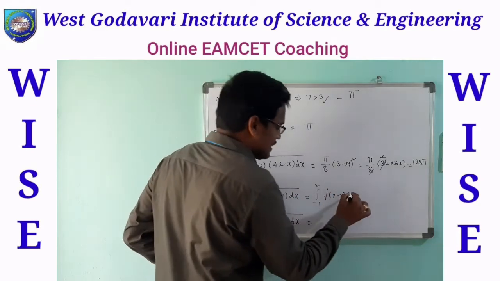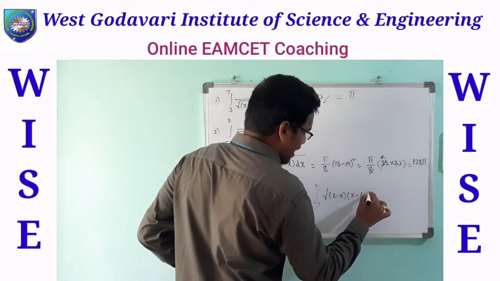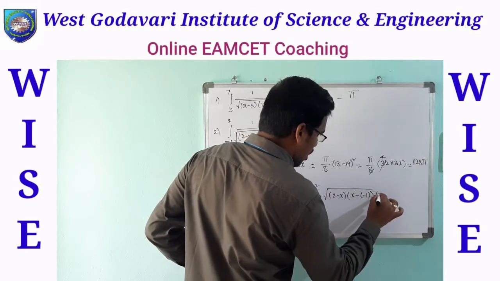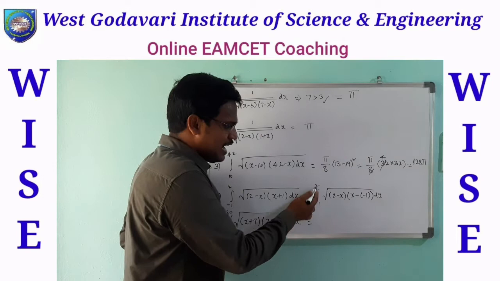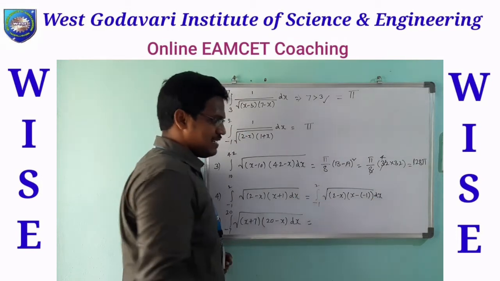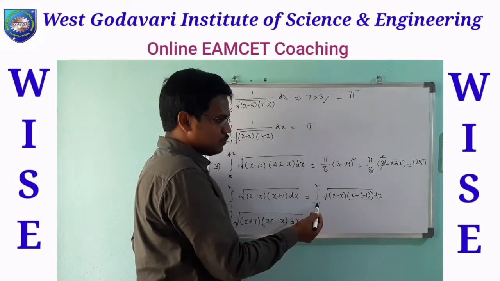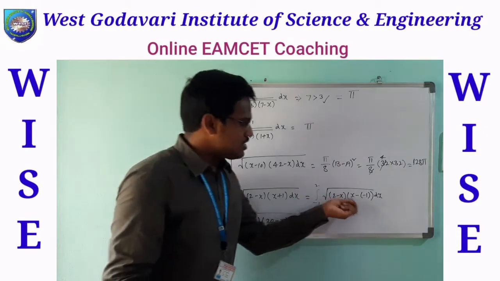For that purpose, I can write it as x minus of minus 1 dx. So this is the integral from a to b of (a minus x)(x minus b) dx. Here the b value is minus 1.